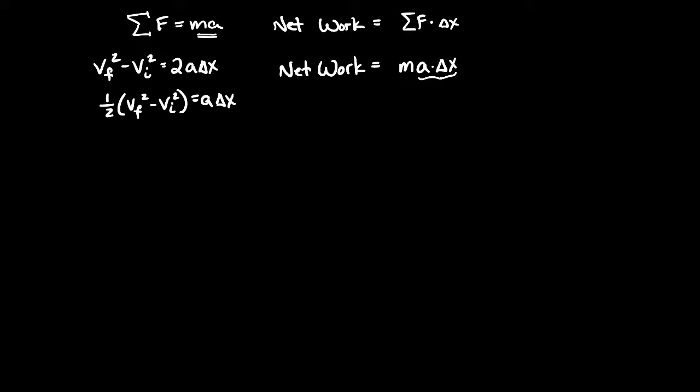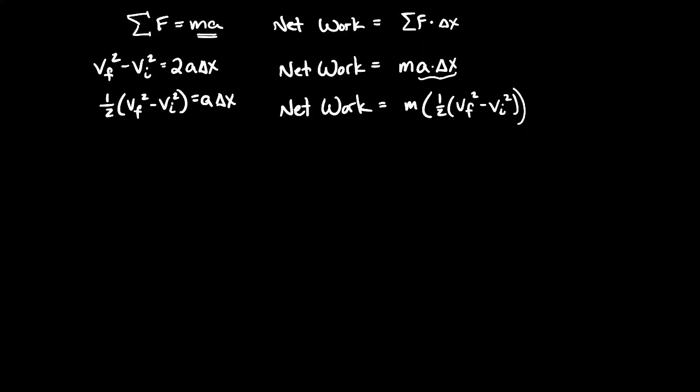So I can substitute and get net work equals M times 1/2 V final squared minus V initial squared. I hope it's obvious what we're going to do next.